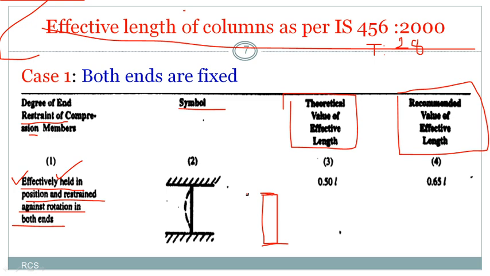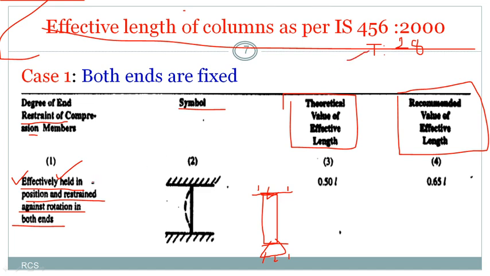The conditions may be fixed at one end and hinged at the other, or both ends fixed, or both ends hinged. If we are connecting both ends of the column by means of any supports, then we can call that effectively held in position.